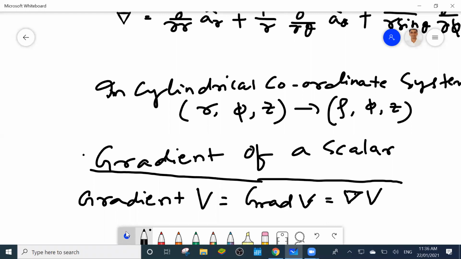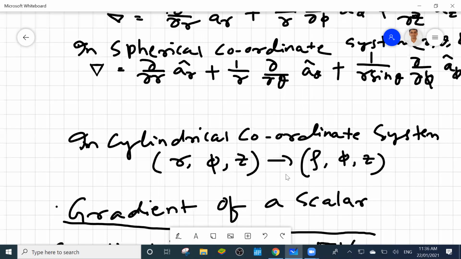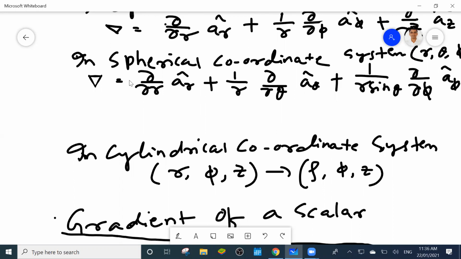See here, the del operator is a vector or not? So it is a vector.